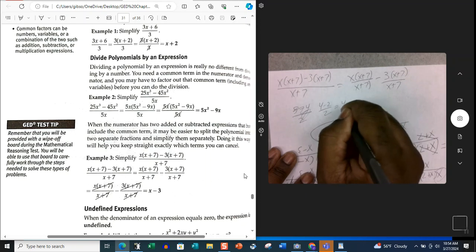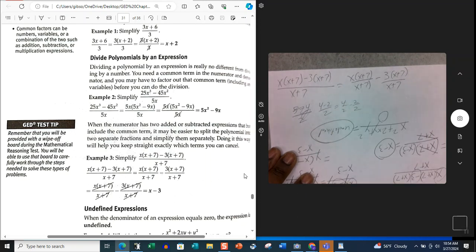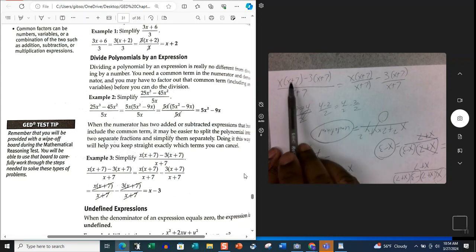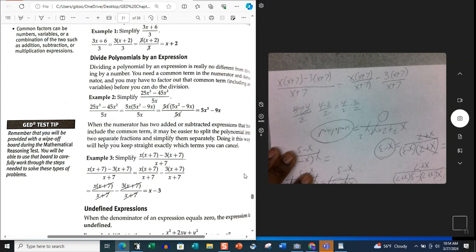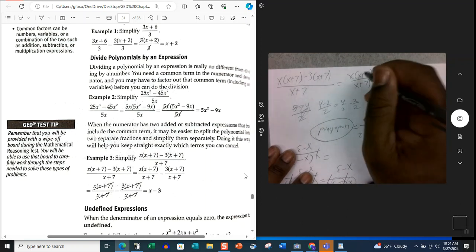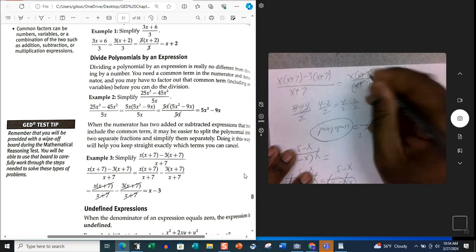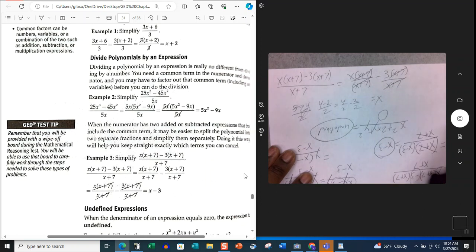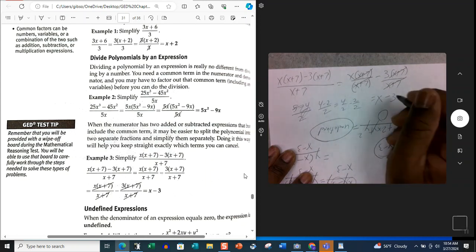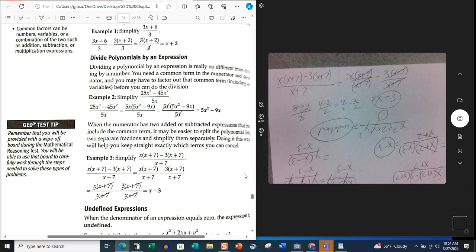This is the same as 4 over 2 minus 2 over 2, isn't it? Because remember, when you subtract, you have to have the same denominator. And then you would carry the denominator over, and then you would subtract the numerator. That is the same thing we had here. Exact same thing. So now, these x plus 7s will simplify out, and that will leave us x. These x plus 7s will simplify out, and that will leave us a minus 3. So now, that's another method you can use for these math problems.